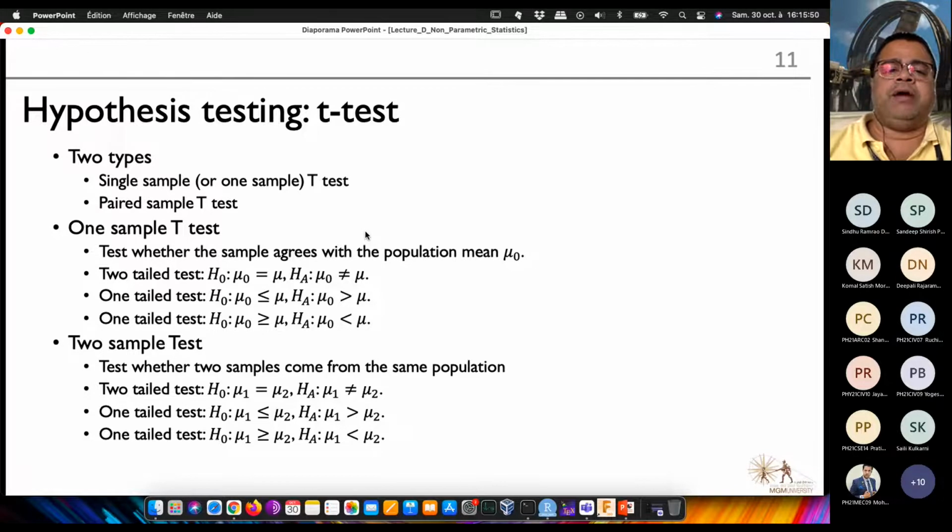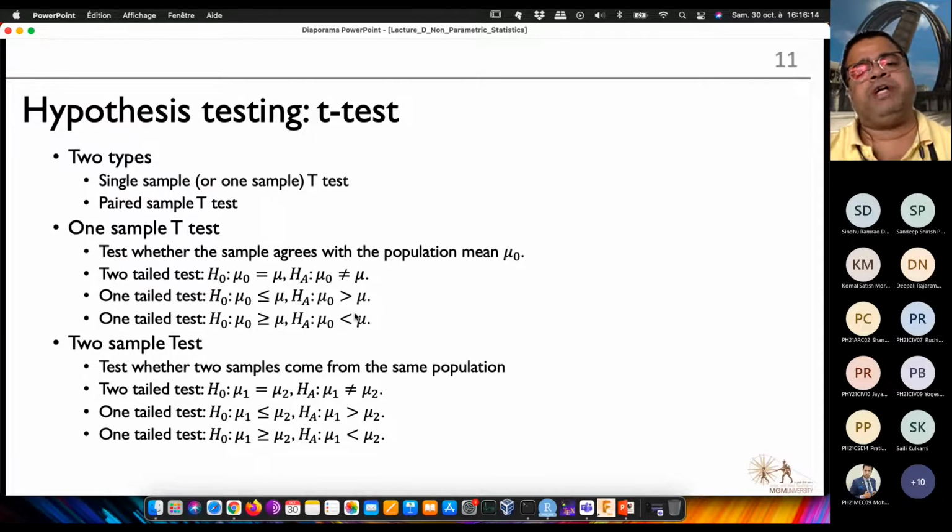Now, what do I have to check? I have to check for the sample whether this is equal to or not equal to. Please remember, in our earlier discussion we mentioned very repeatedly that whenever I want to prove greater than or less than, it will become a one-tailed test.